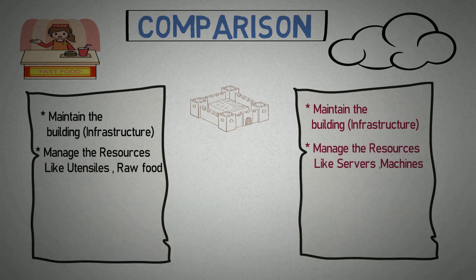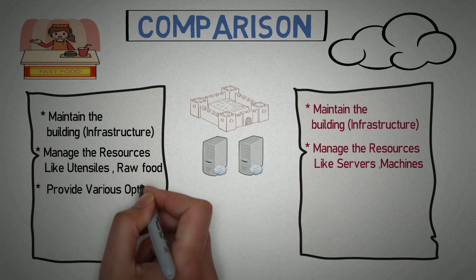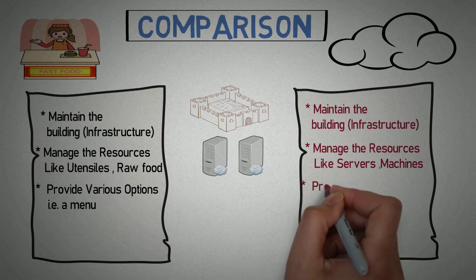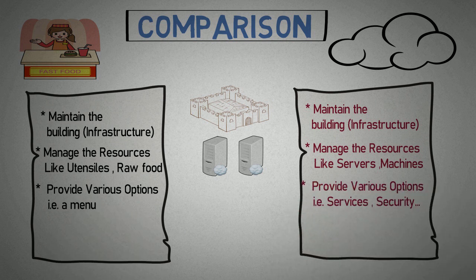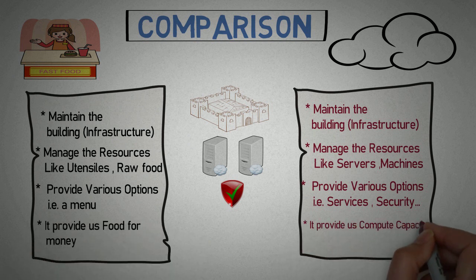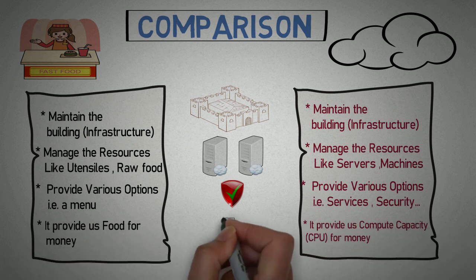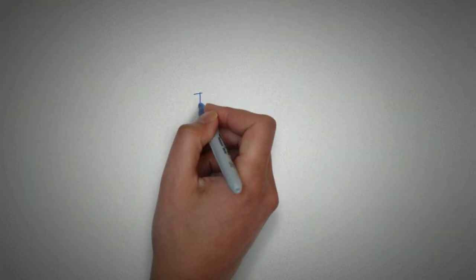Similarly, a cloud provider has to manage resources like servers, machines, routers and so many other things. A restaurant provides various options, that is a menu. A cloud provider has to provide different services and security. And lastly, a restaurant provides food for money and a cloud provider provides computational capacity for money.